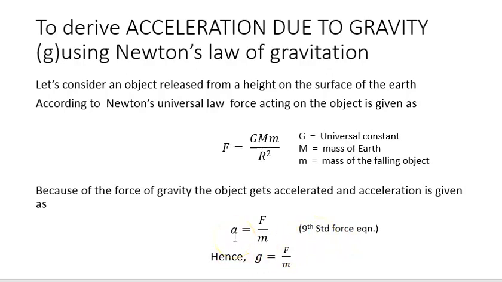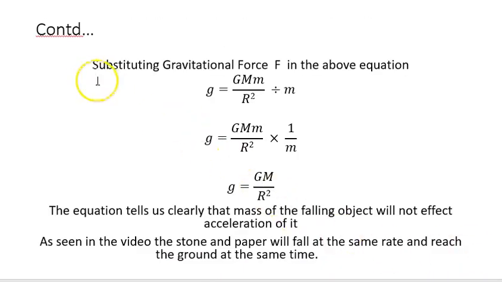Acceleration due to gravity will replace a, and hence g is equal to F upon m. Substituting gravitational force F in the above equation, we get g is equal to capital G into M into small m upon r square, divided by small m.